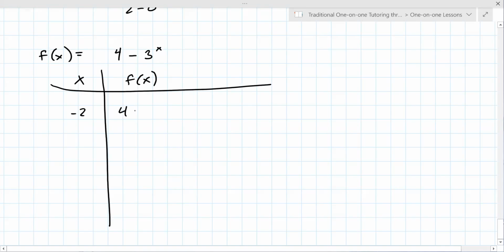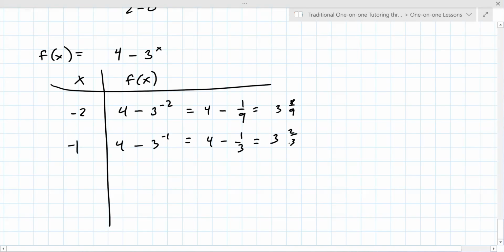So at x equals -2, this is 4 minus 3 to the -2 power, 4 minus 1/9, so it's 3 and 8/9. At -1, 4 minus 3 to the -1 power, 4 minus 1/3, so it's 3 and 2/3. At 0, it's 4 minus 3 to the 0, 4 minus 1, which is 3.